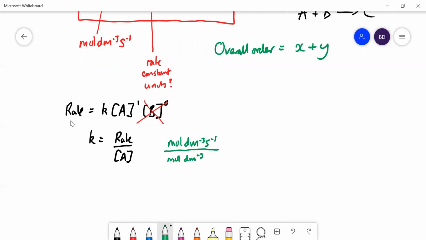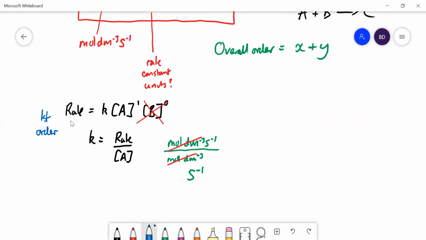That's quite easy, isn't it? Those two are going to cancel out, so the units are going to be just s to the minus 1. So what kind of reaction have we got here? This is a first order reaction, first order overall, because we just have that 1 there. 1 plus 0 is equal to 1.